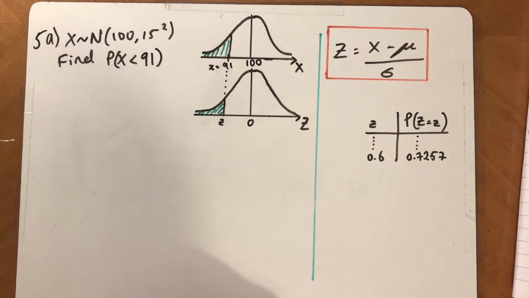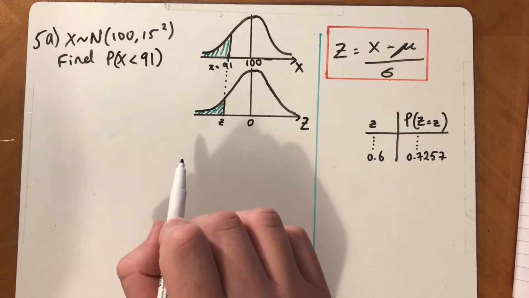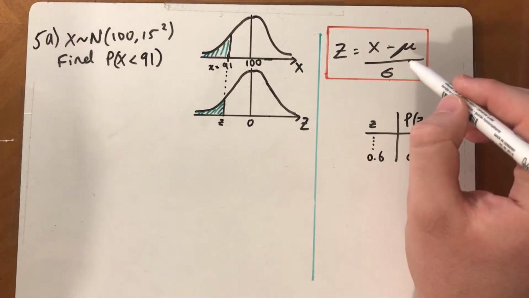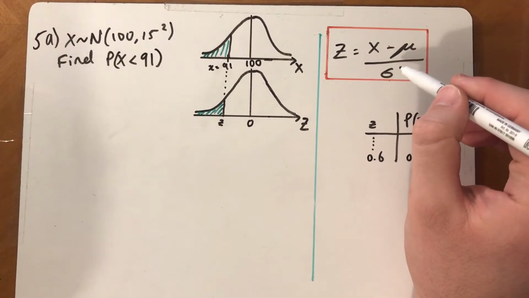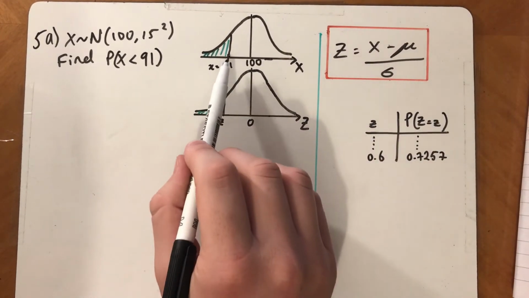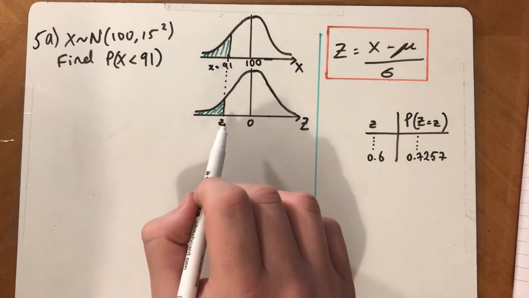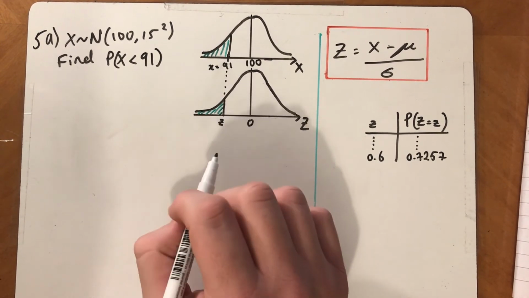So how do we find this little value z? Well, you should be familiar with this formula: z equals x minus mu over standard deviation. This is a transformation which will allow us to transform this value that we have on our normal distribution curve to the standardized normal distribution curve.